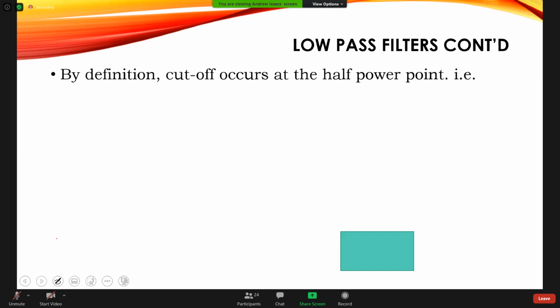Now we know from Networks 1 that this is true if the magnitude is 1 over root 2 times the maximum value of H. We're going to use per unit, so H max would be 1.